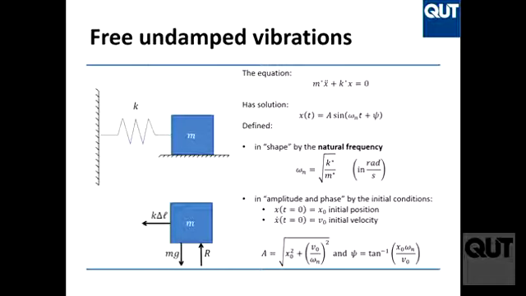Good. The unit of omega n is radians per second. It's a weird unit. What is it? Looks like an angular speed, but it's not really in this case, despite the unit being the same. If you divide it by 2 pi, it becomes the natural frequency in hertz, which means times per second.